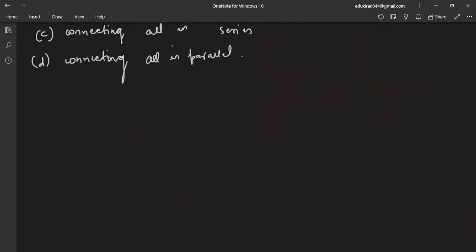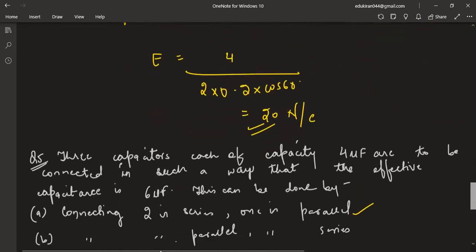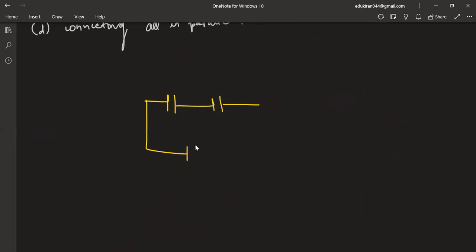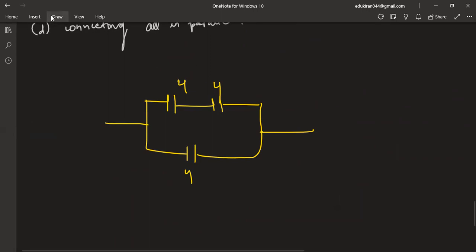For the A part, how much do we have to get? 6 microfarad. Yes, we have to get 6 microfarad. So see, two in series will be like this is one, and they are connected in parallel with this. So all are 4 microfarad. Two in series, 4 and 4 in series.